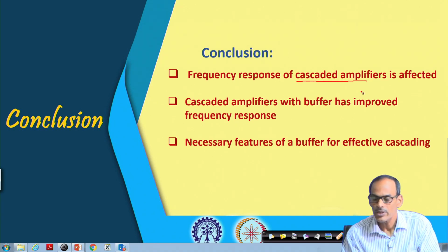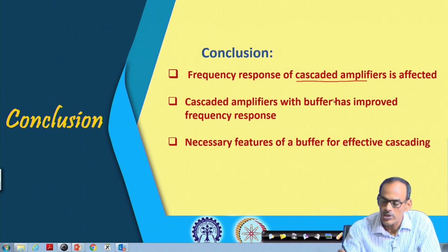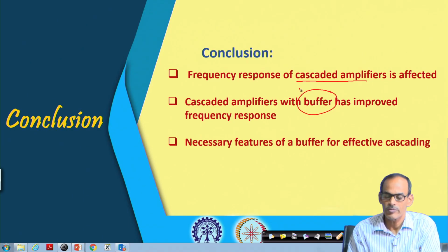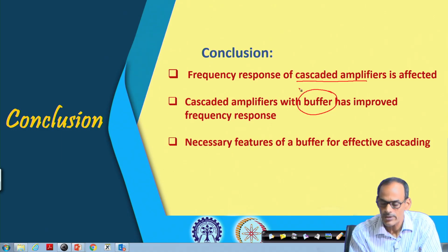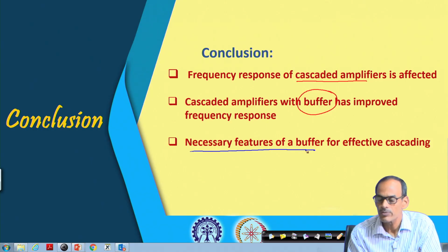That can be avoided or minimized by adding an appropriate buffer in between wherever we are doing the cascading, and that brings back the bandwidth and the expected high gain of the cascaded amplifier.